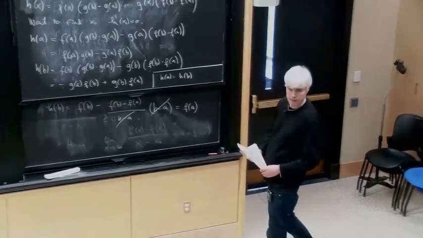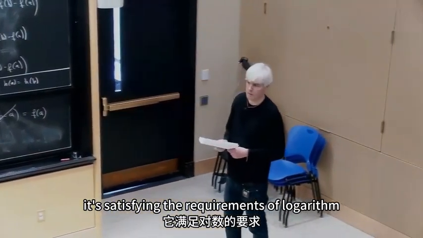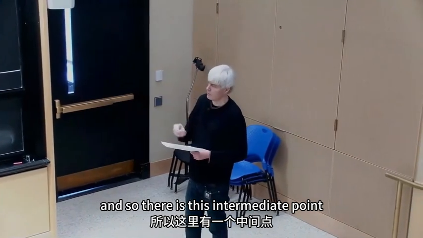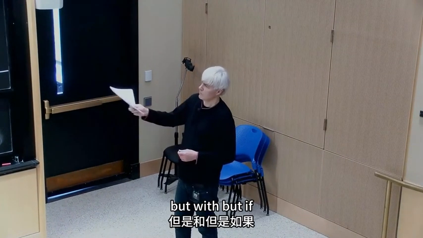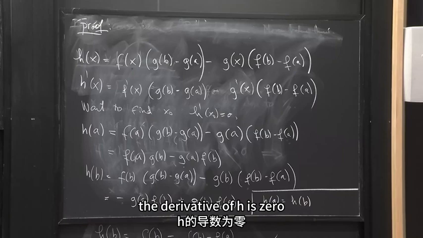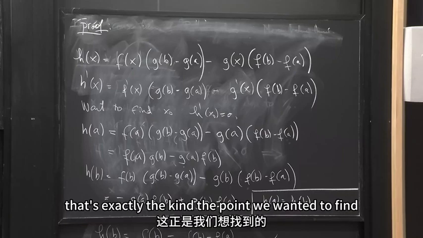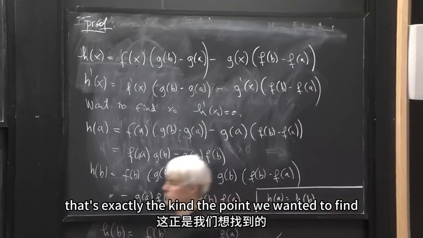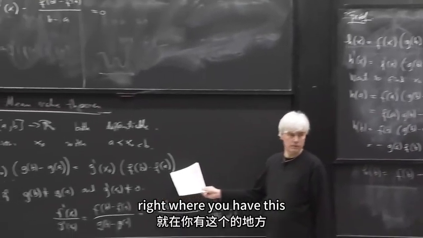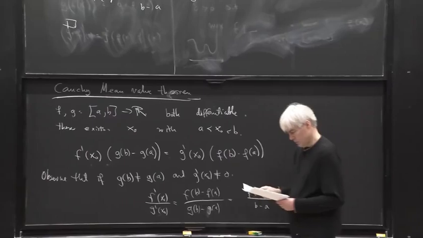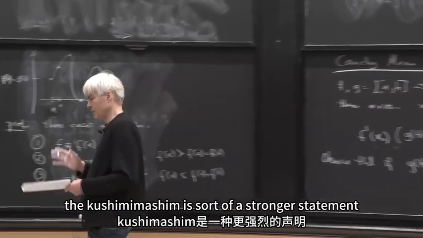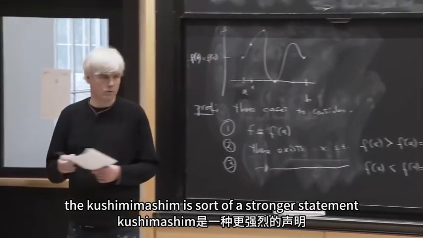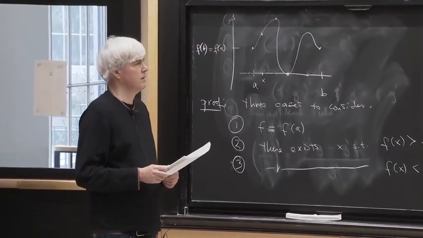So again, it's satisfying the requirement of Rolle's theorem, and so there is this intermediate point where the derivative is 0. But if the derivative of h is 0, that's exactly the point we wanted to find, right, where you have this. Okay.